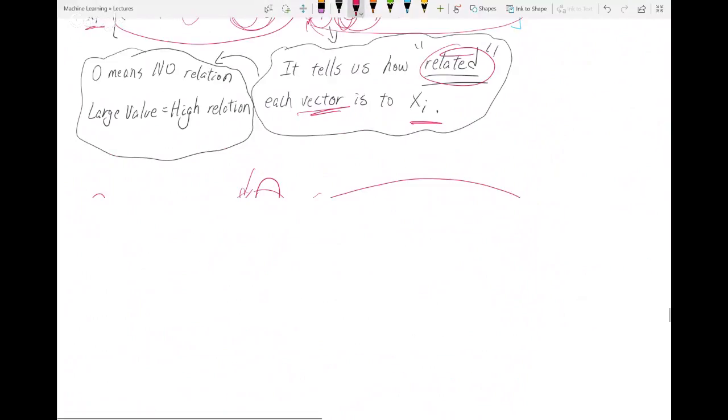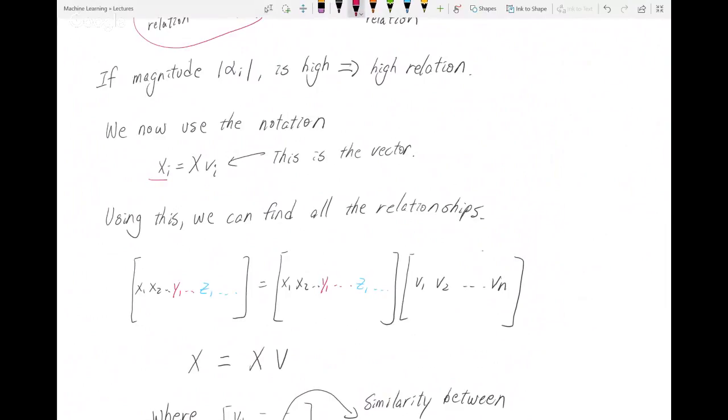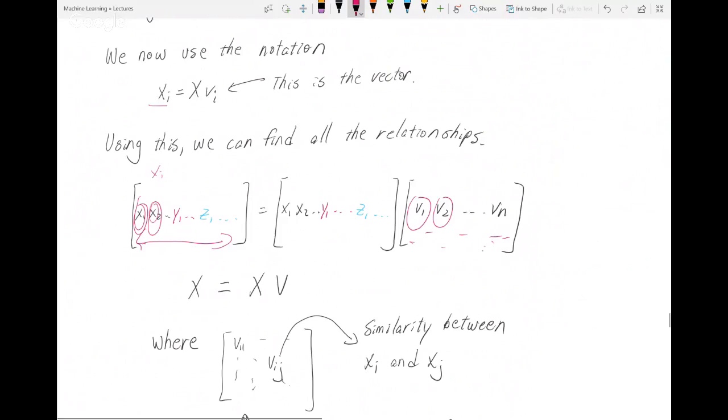So instead of only looking for xi, let's look for x1, and let x1 help us find x2, and so on and so forth. Now we're looking for the whole matrix. This is x. This goes here. And this whole matrix, I'm going to call it V. Instead of V1, V2, Vn, it'll be just V.